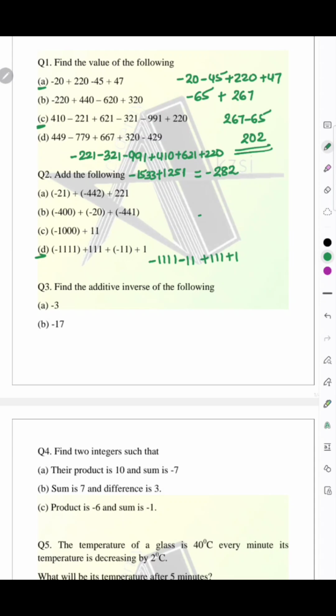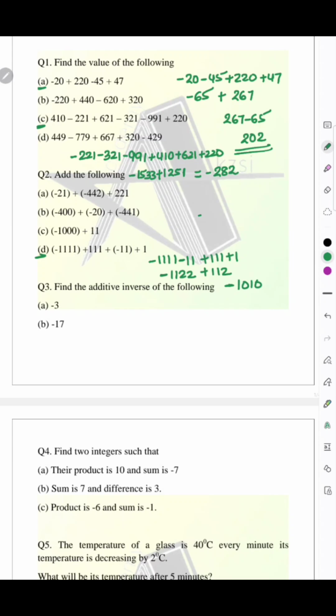The negative numbers, if I add them, will give me minus 1122, and the positive ones will give me 112. One is positive, one is negative, so I just have to subtract them. That will give me 1010, and obviously I'll use the sign of the bigger number, that is this one.